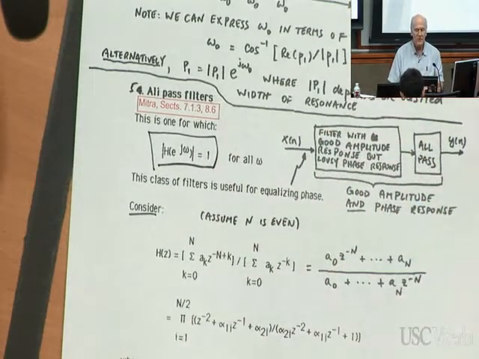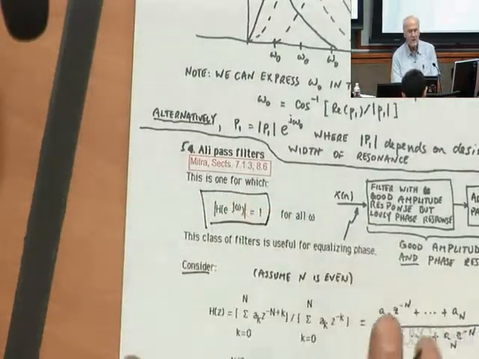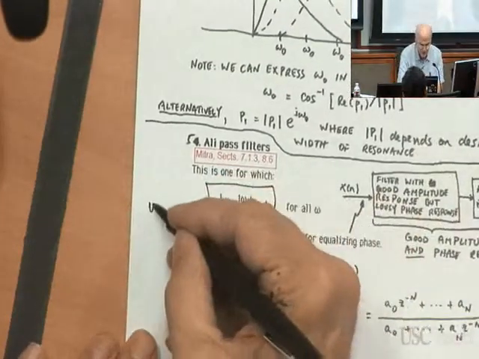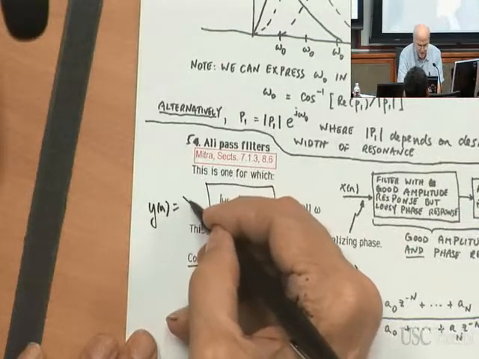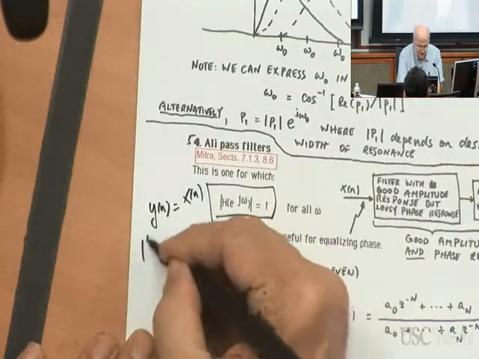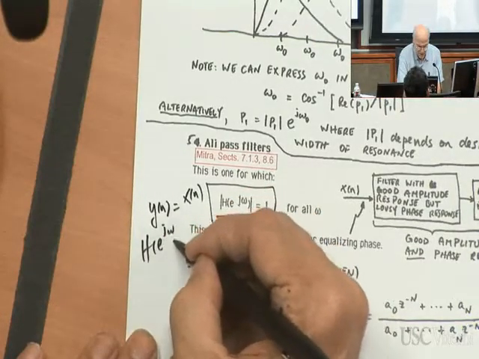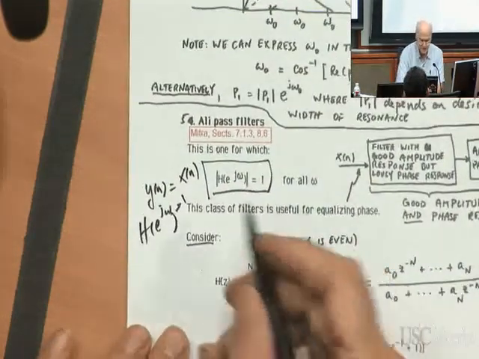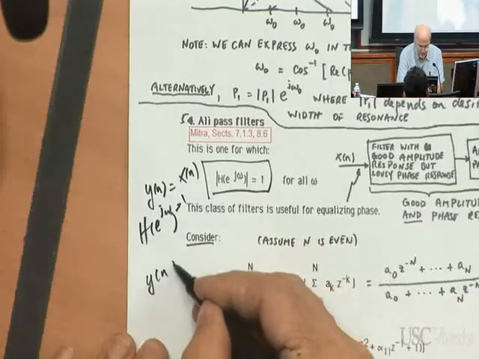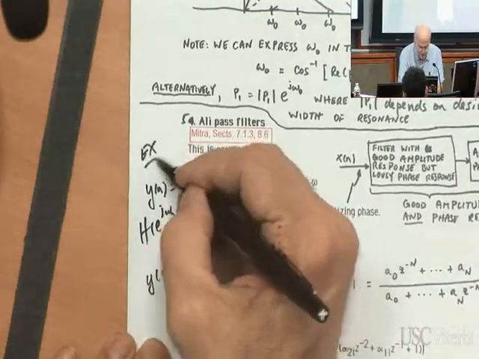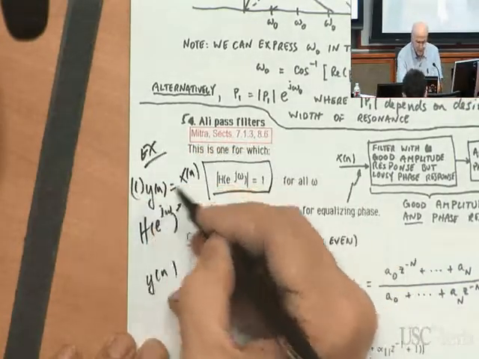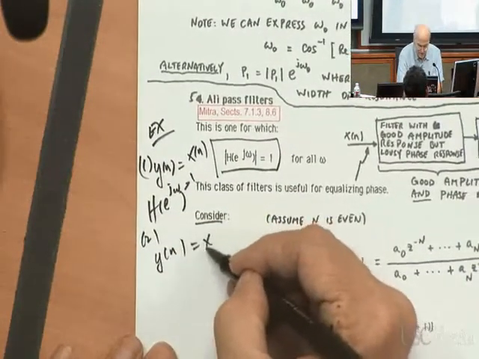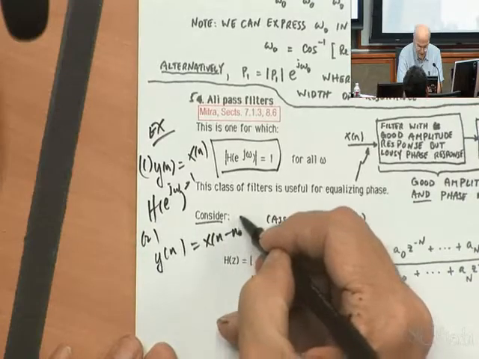So what would be an all-pass filter? Well, people that see this say, well, this is not interesting. Look, this is an all-pass filter: y of n equal x of n, h of e to the j omega magnitude is equal to 1. And the same thing with y of n equal x of n minus n naught, and so on.